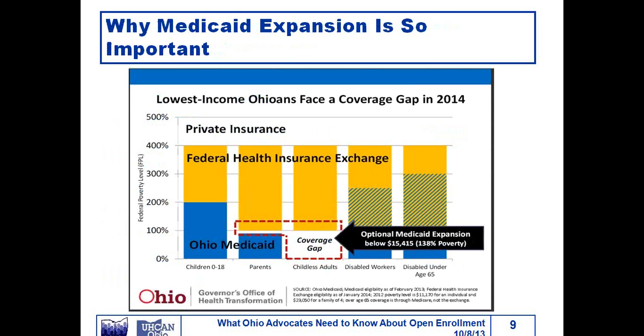The Medicaid expansion, while it was intended to cover all of those up to 138% of the poverty level, was essentially converted from a mandate to an option by the decision of the U.S. Supreme Court in 2012. And Ohio has not yet decided to accept the offer of coverage.